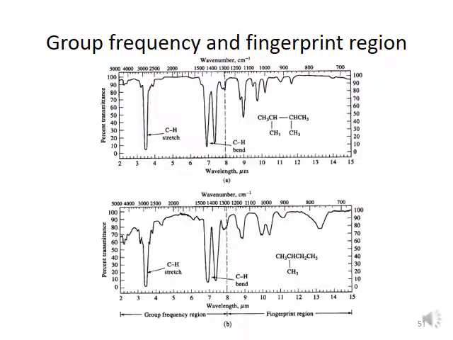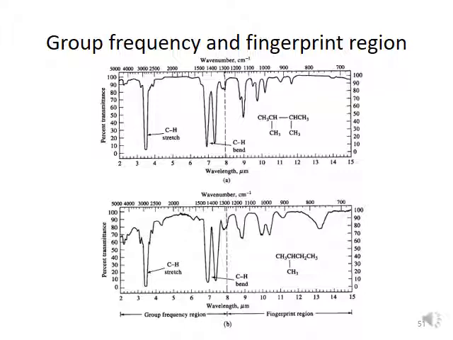So this is an example of the output from the infrared spectroscopy. The y-axis is the percent transmitted, or the symbol is percent T, and this is the wave number, and here is the wavelength. You can see in this range, 1300 and above, you can simply determine the main functional group in the compound.